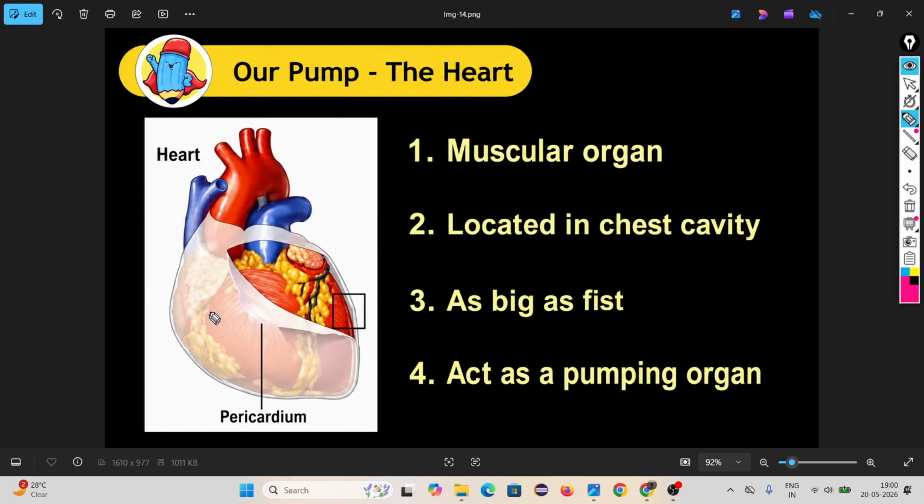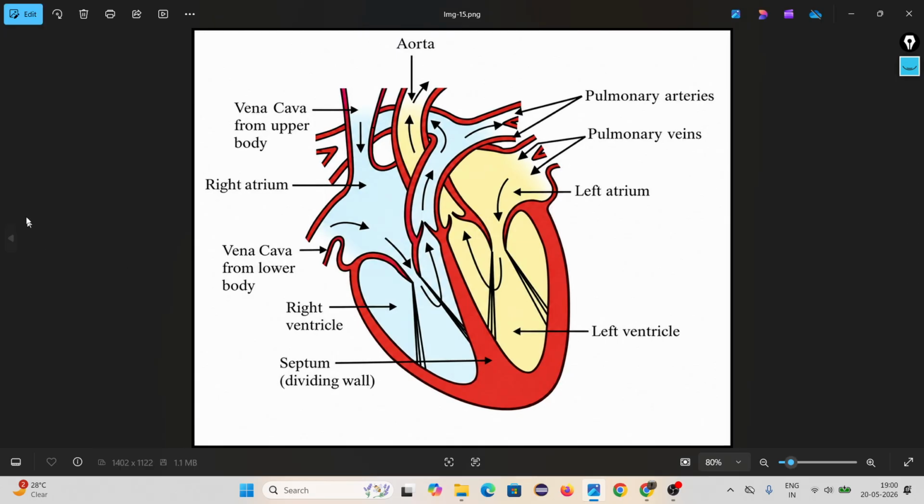And look, this is the outer covering. The covering of the heart is called the pericardium. First try to understand, our heart has four chambers.